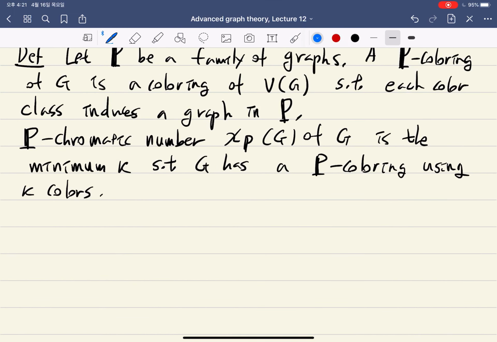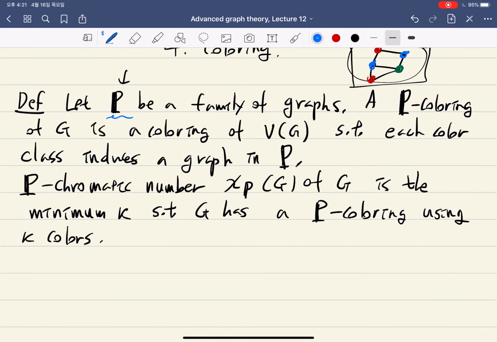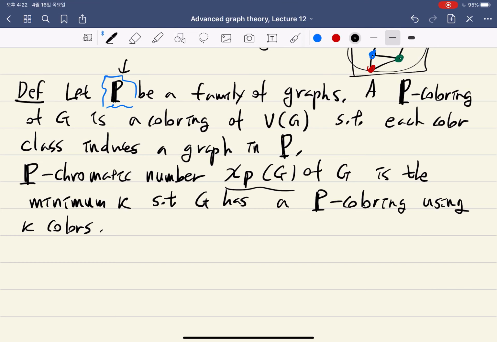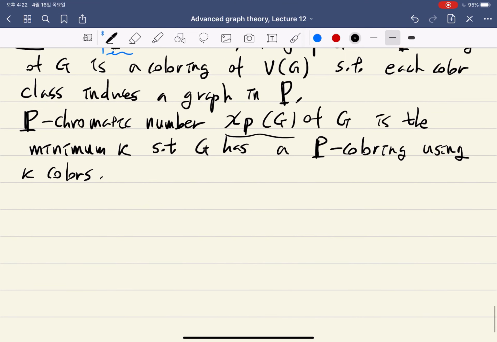With this definition, this family P could be an arbitrary family. But for arbitrary families, the coloring or chromatic numbers are not so interesting. We at least need some properties so that they are not totally unpredictable, so it becomes somewhat interesting.